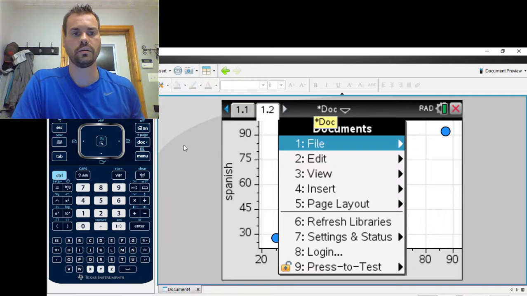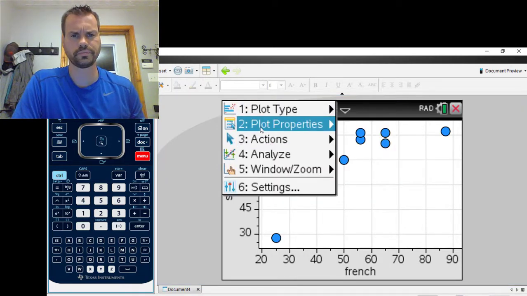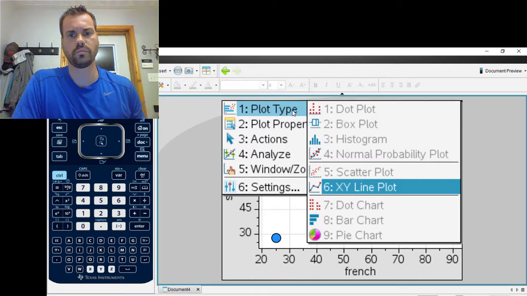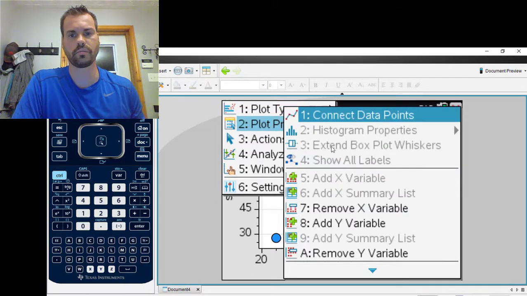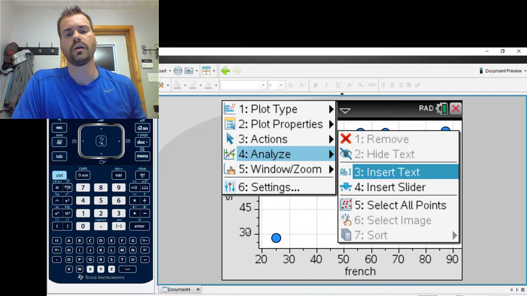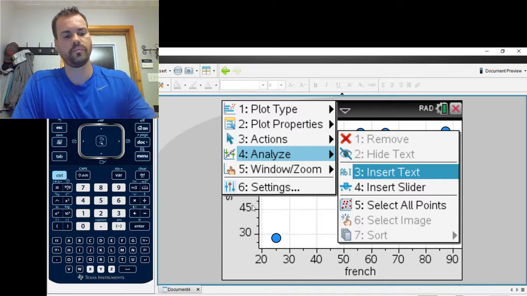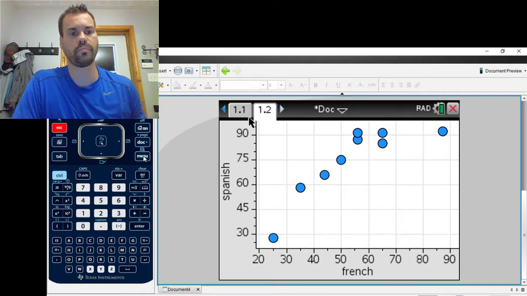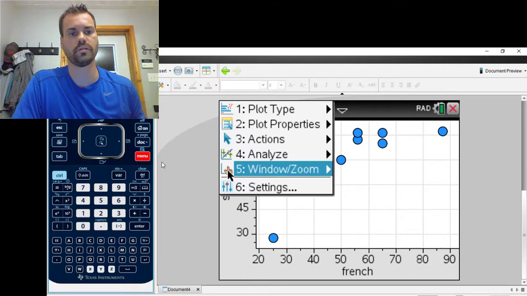And if I go to the menu, you can change this plot around to different plot types and plot properties. You can do a couple of things. You can connect the data points and whatever, just like we were doing before. Okay. Let me just back out of here. There's our graph.